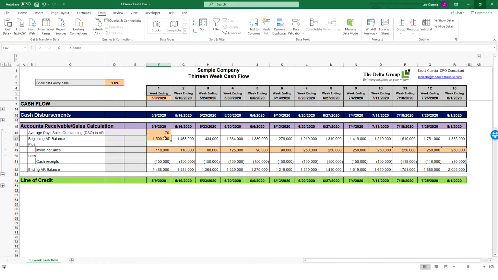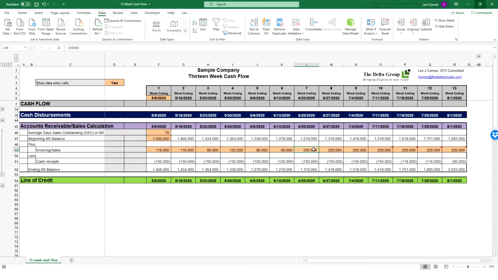Now, the things that make your accounts receivable balance change week to week are how much invoicing or sales you do, and then how much cash you collect, which gives you an ending balance in your accounts receivable. So the only data entry cells that we really have here is estimating what our sales are on a weekly basis.